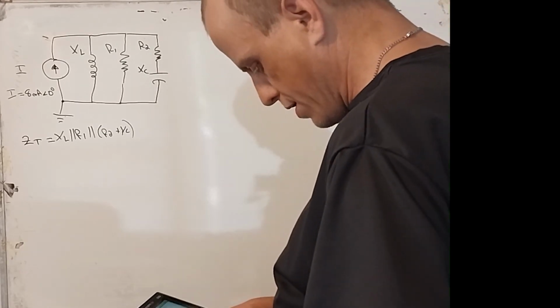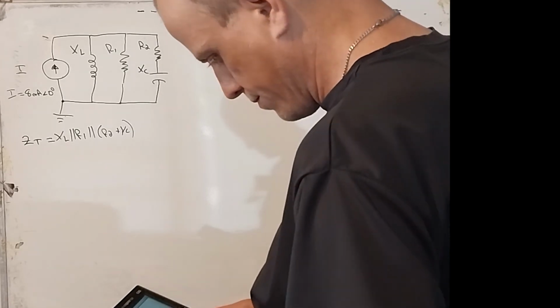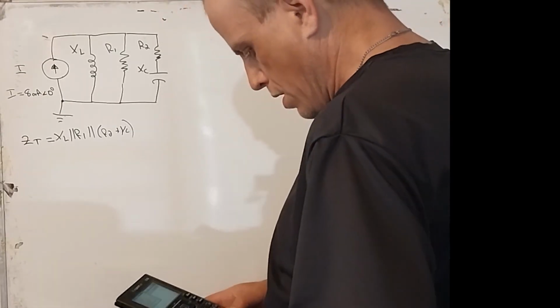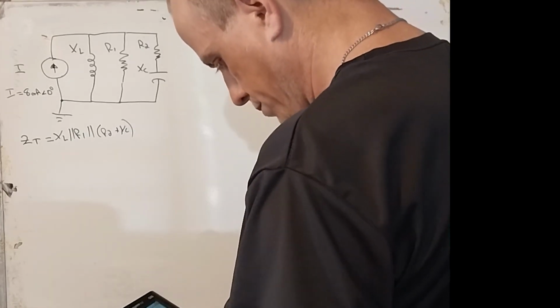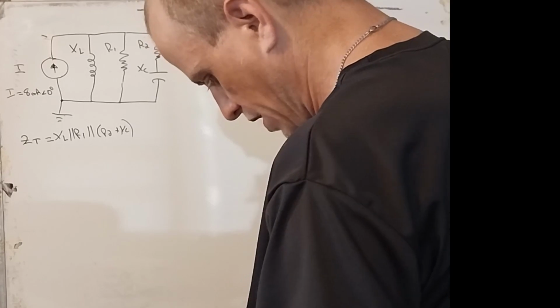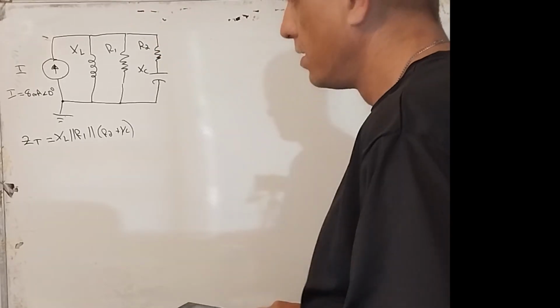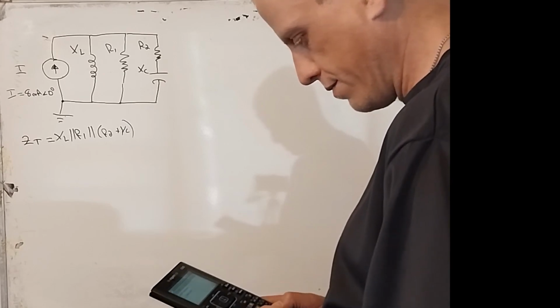So let's see, 2 times pi times 10,000, and multiply that by the inductance, 47 millihenries, 0.047.